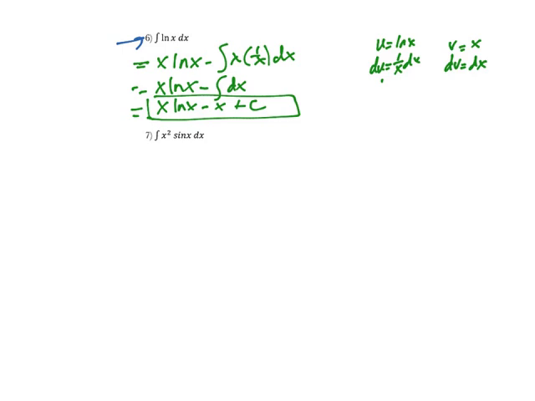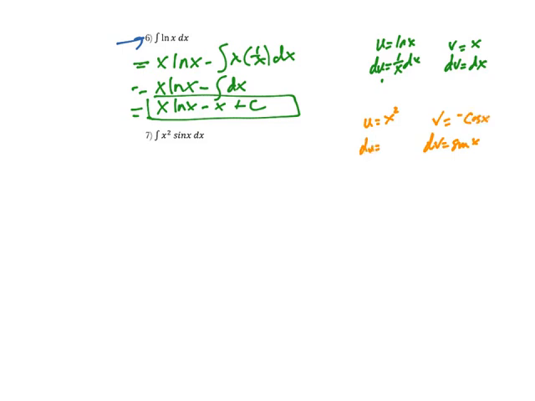Last problem, and probably the most complicated of the problems, is x squared sine x. So we have algebraic and trigonometric. So that means algebraic is the u. So x squared is u. dv then is sine x. So v would be, whose derivative is sine, negative cosine x.